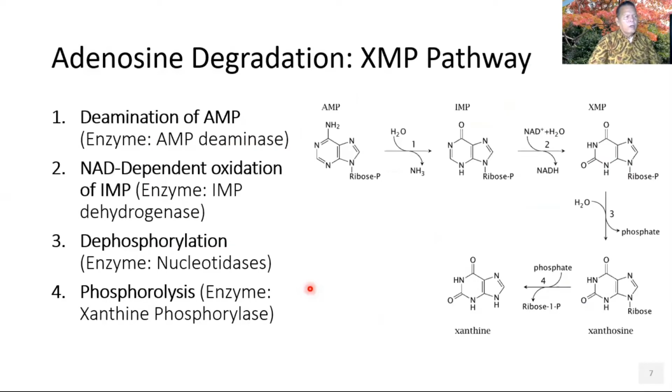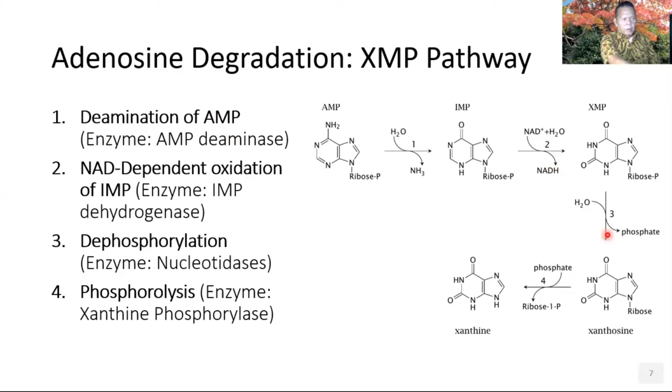Then let's move on to the XMP pathway. The first one is deamination of AMP. The enzyme involved in this reaction is AMP deaminase. The second one is NAD-dependent oxidation of IMP, and the enzyme involved in this reaction is IMP dehydrogenase.